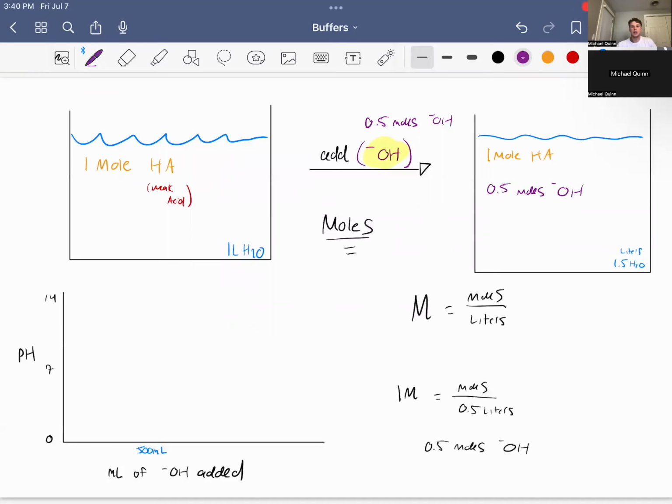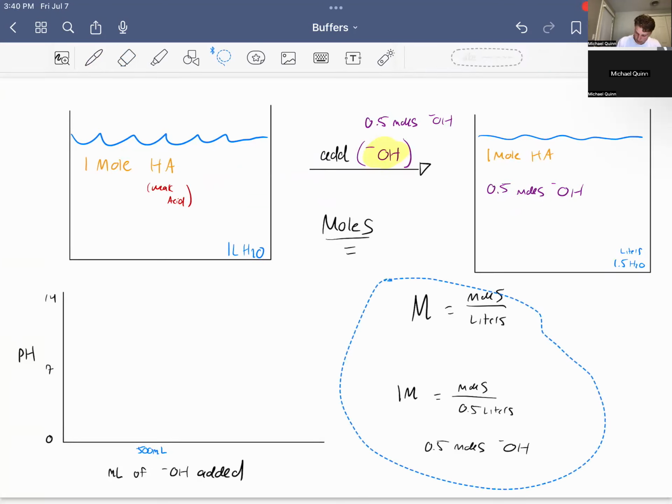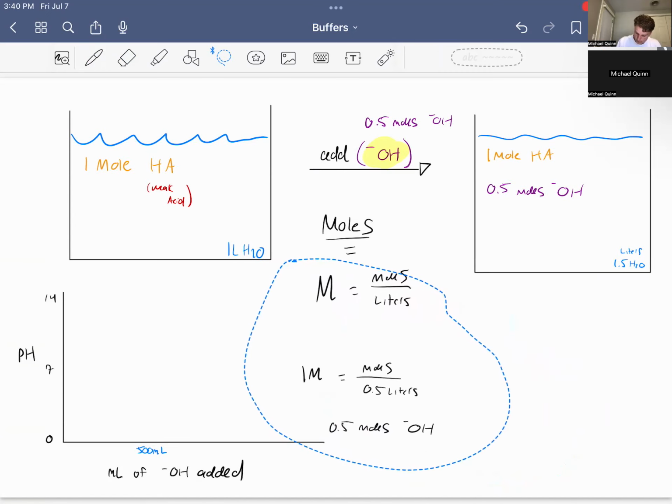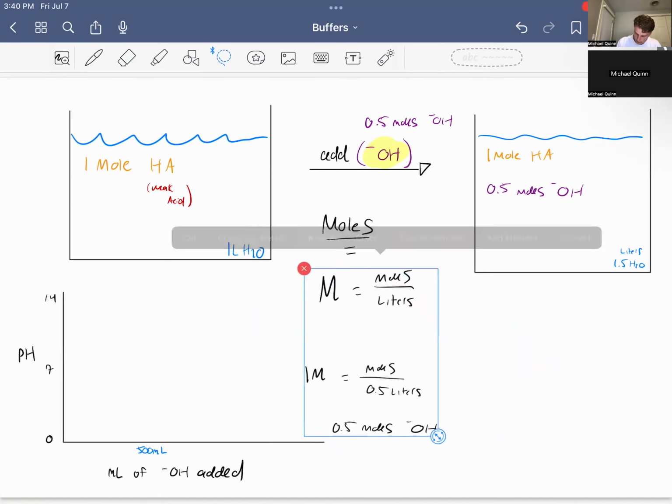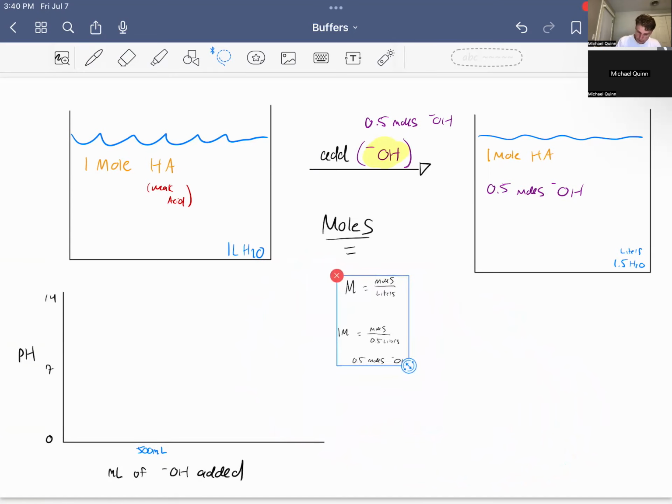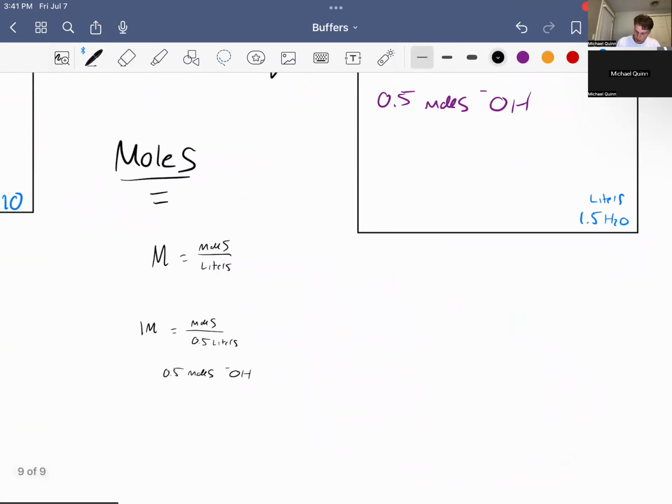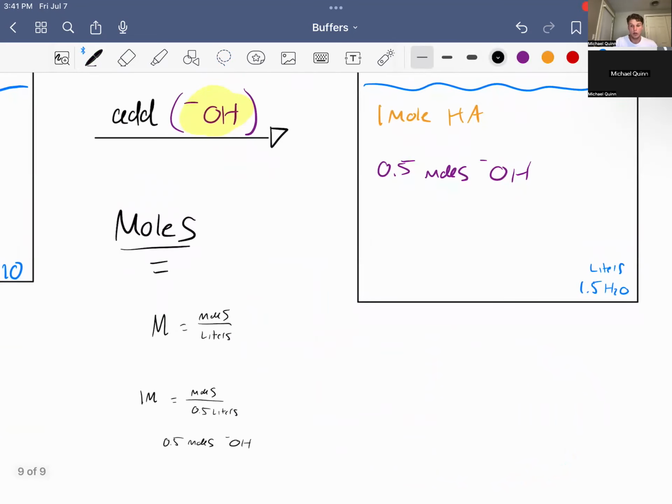So, like we have seen in previous videos, we need to draw an ice table for this beaker. So let's draw an ice table. Now HA is not going to react with water, it is going to react with OH minus. It is a strong base. It wants to react with that strong base more than water, which is a weak base.